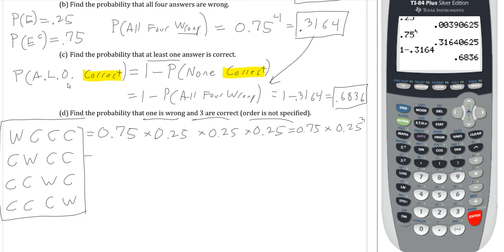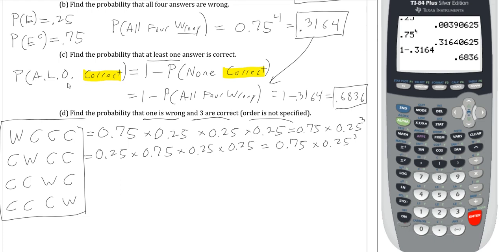Now, if I did that for the second one, I would have 0.25 for the correct answer, times 0.75 for the second one being incorrect, times 0.25 for the third being correct, and 0.25 for the fourth being correct. That's going to be the same thing. With multiplication, we have the associative and commutative properties that allow us to multiply in any order. This is the same thing as 0.75 times 0.25 to the third power. It'll be the exact same answer.